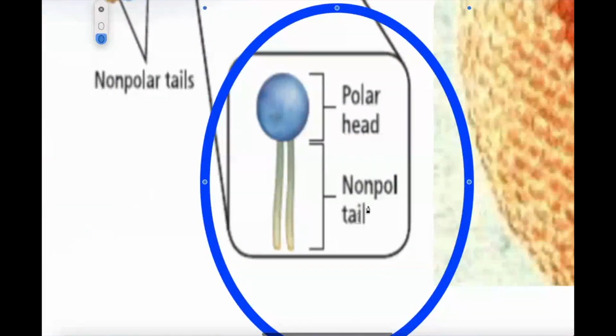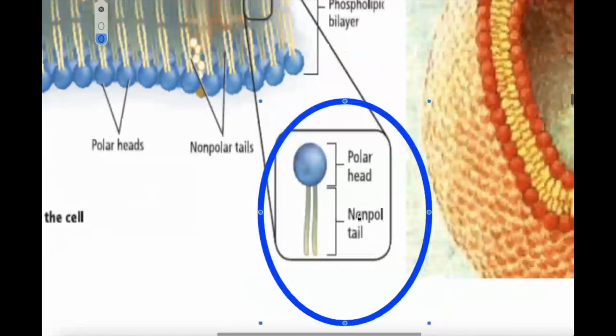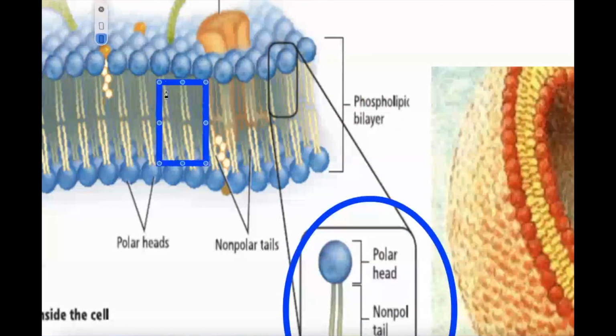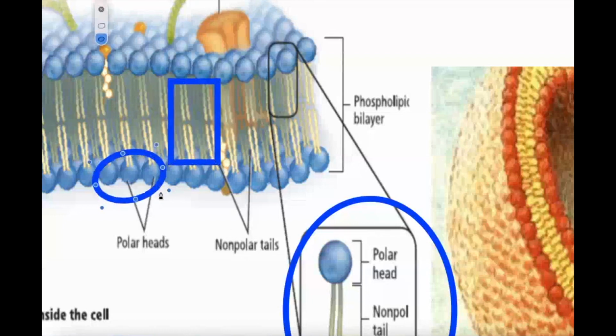The tail is called the fatty acid tail, which is non-polar. These are the non-polar tails, and these areas are the polar heads.